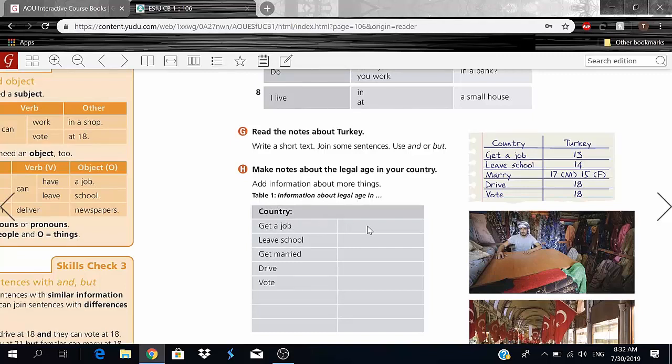So 16, just number 16. Leave school. I mean, culturally, people don't leave school at all, so I'll just say 18. Get married, probably 18 as well. Drive, definitely 18. And vote, I think it was 16. Alright? So, these are from my country. You can switch it up, depending on your country and your laws.